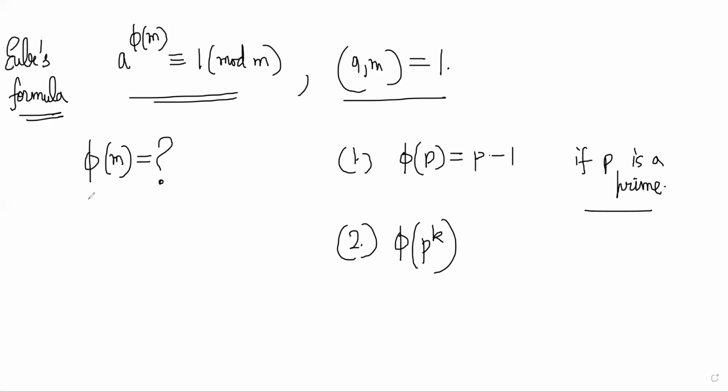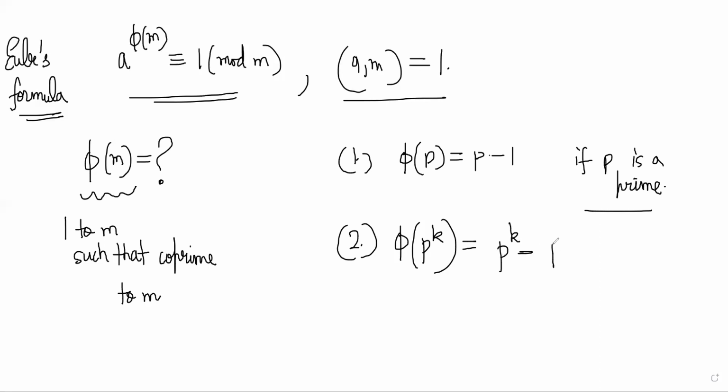Phi means the number of numbers from 1 to m that are co-prime to m. It's p to the power of k minus k. Slightly wrong, but think about it. The answer is p power k minus p power k minus 1.